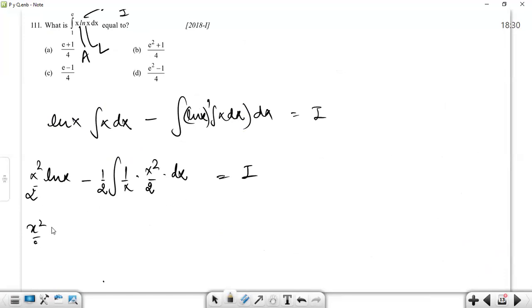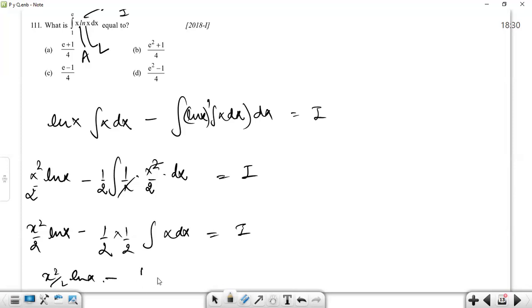So it is x square by 2 ln of x minus half x cuts x, and again half integration of x dx equals integration x square by 2 ln of x minus 1 by 4, let me write neatly, 1 by 4 into x square by 2 again. This is I, and now we have x square by 2 ln of x minus x square by 8.